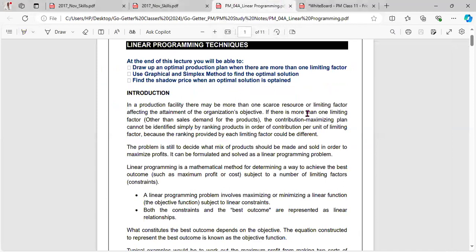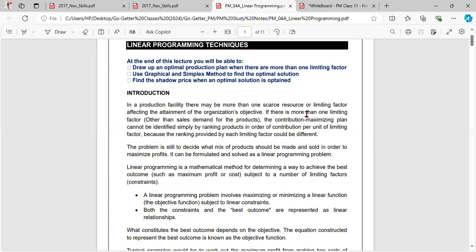What are the techniques? At the end of the lecture, you'll be able to draw up an optimal production plan where there is more than one limiting factor. We learned when there is only one limiting factor and there are two or more products that use that one limiting factor.